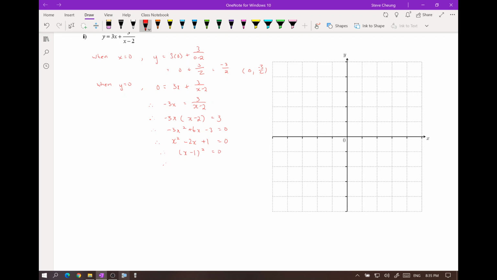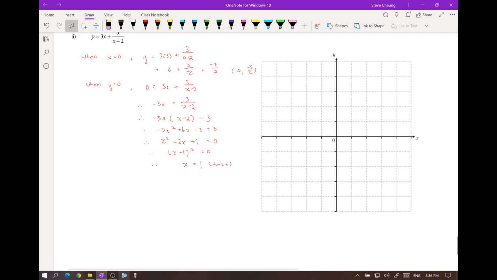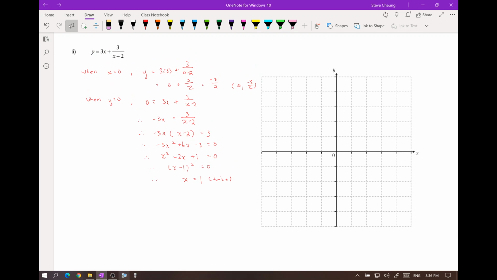So that means x equals 1 twice. This is a repeated root. So at 1 here, and we also have the intercept at -3/2.